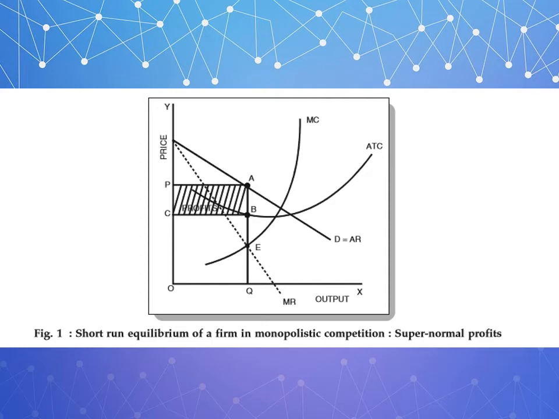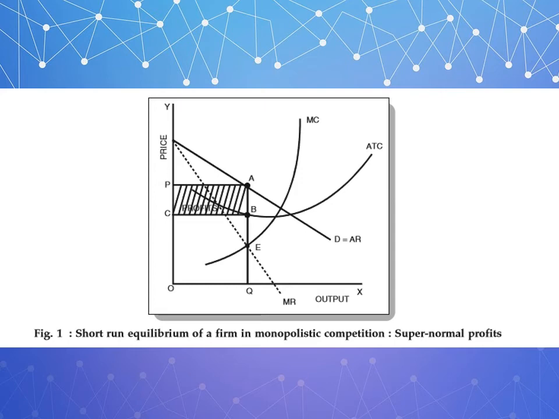Overall, we can say that the elasticity of demand increases as the differentiation between products decreases. This figure depicts a firm facing a downward sloping but flat demand curve. It also has a U-shaped short-run cost curve. The condition for price output determination and equilibrium of an individual firm is MC equal to MR, which means marginal cost equal to marginal revenue. The marginal cost curve cuts the marginal revenue curve from below.